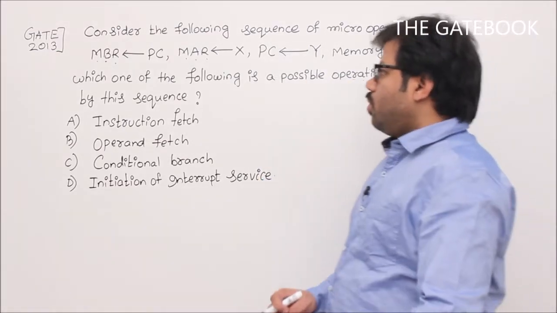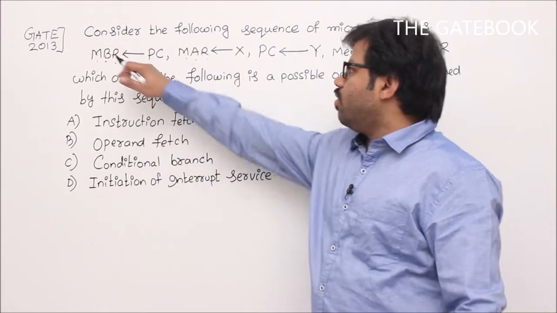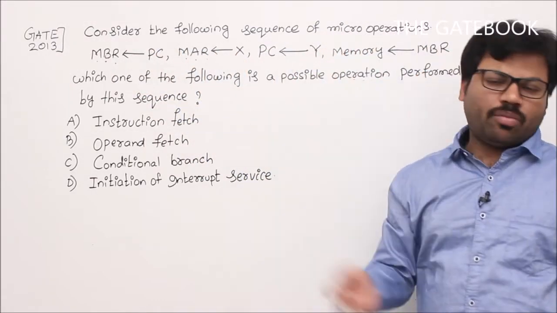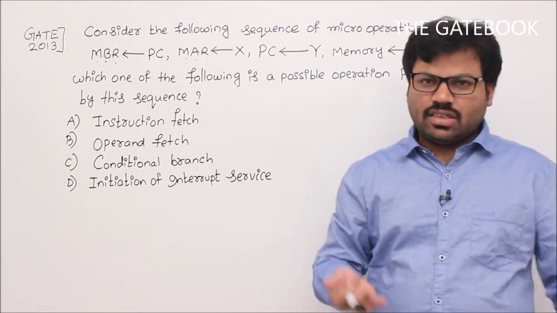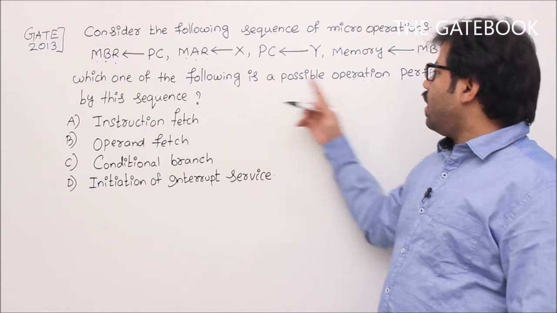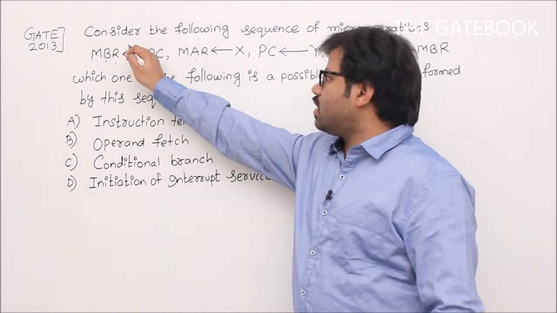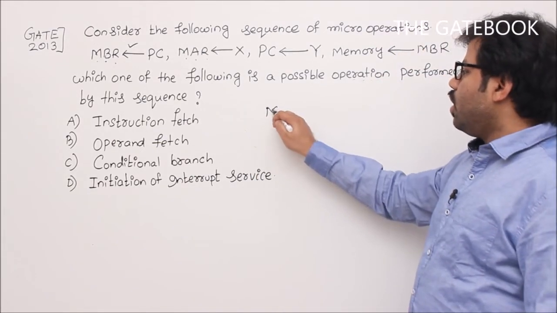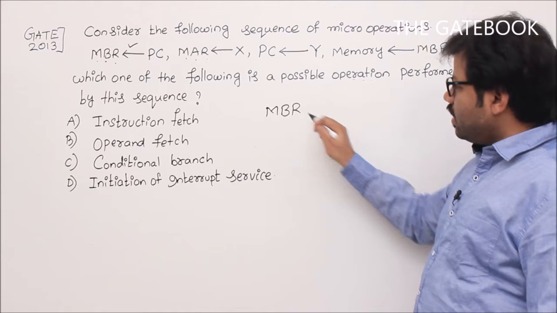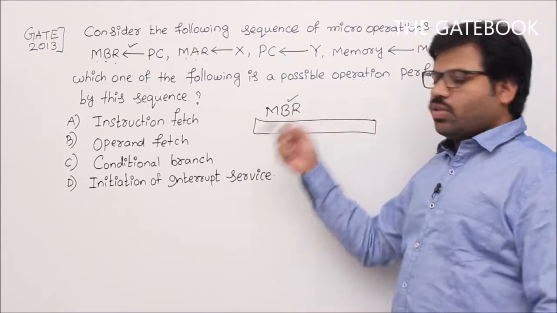Now we'll come to our problem. In the problem, 4 micro operations are given: 1, 2, 3, 4. You know what a micro operation is, of course. A set of micro operations will form an instruction, right? Now which one of the following is a possible operation performed by the sequence? Let us observe the first micro operation. What is happening here? There is a memory buffer register, MBR. Doesn't matter for you what it is; generally it is used for temporary storage.